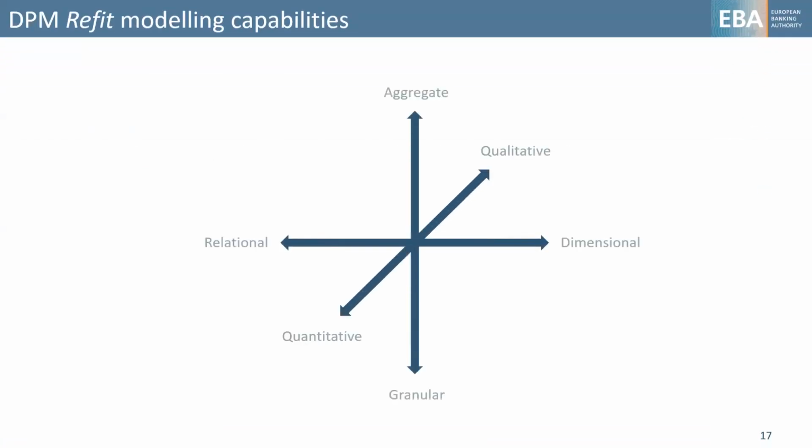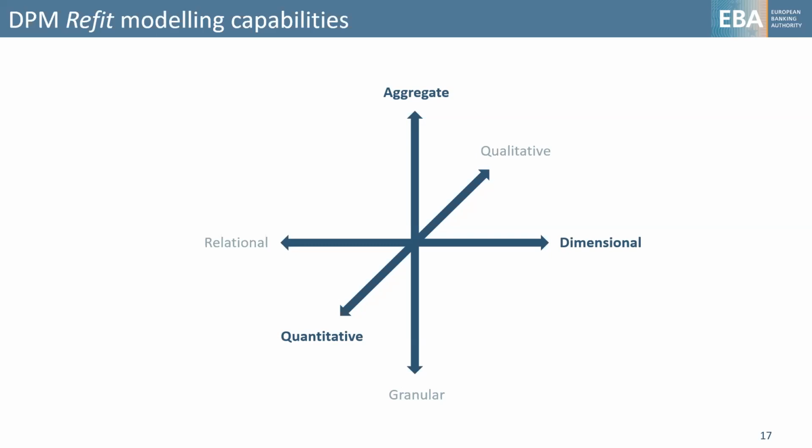In terms of the capabilities, typically on this axis, you see aggregate versus granular data, relational versus dimensional, quantitative versus qualitative, and the current DPM is a bit, let's say, biased towards aggregated data points, dimensional definition, and quantitative data.